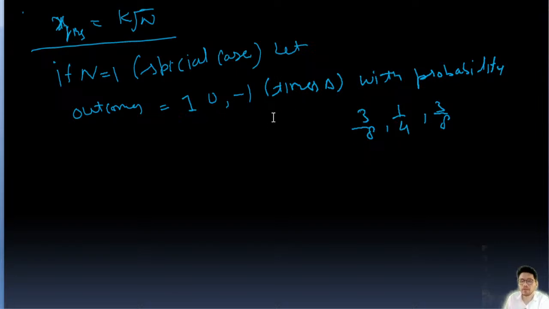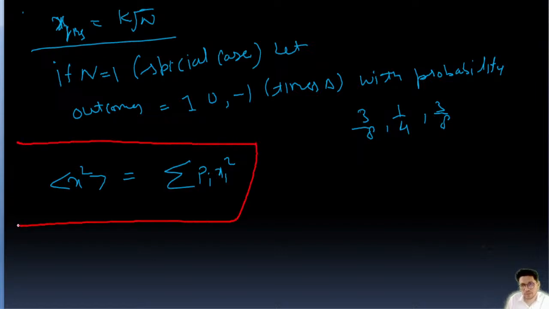Okay, so now we'll find the expectation value of x square, that is the average of x square, and we know that formula, very important. Note down, this is sigma pi xi square. Pi are the probabilities, p1, p2, p3.